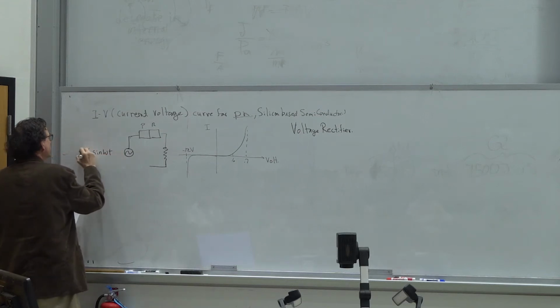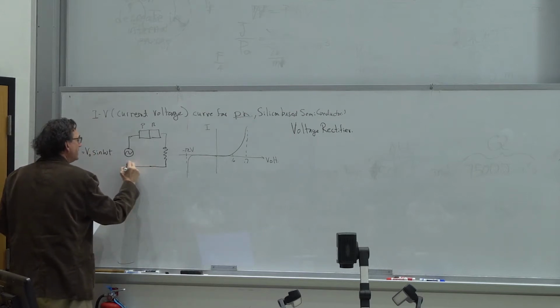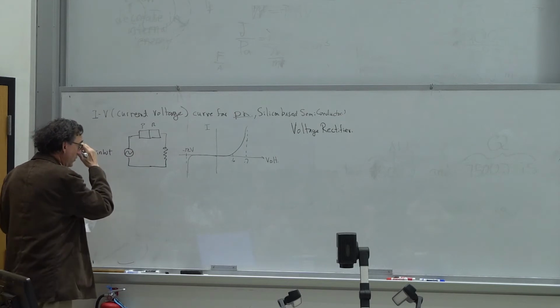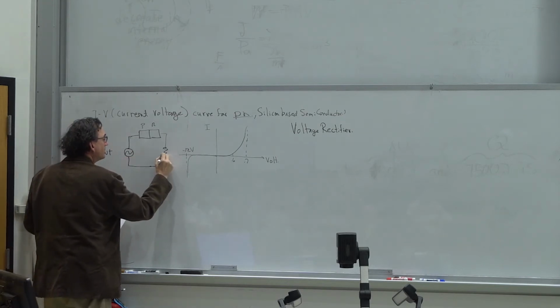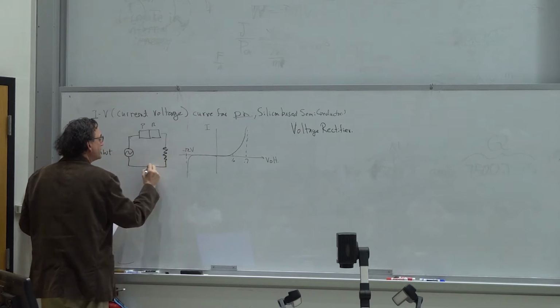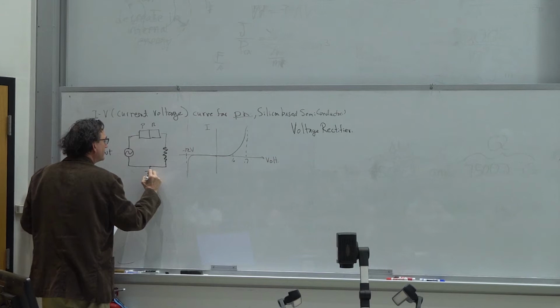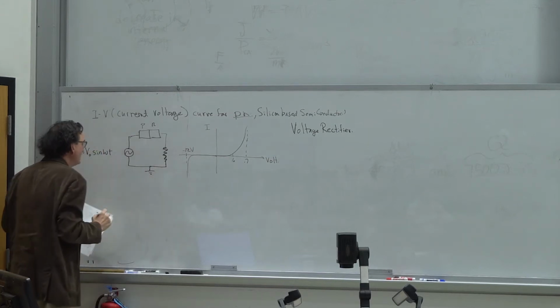So sine omega t is the voltage as a function of time. It swings positive and negative, and I can hold either side to ground potential. So I'll put the ground side over on this one.